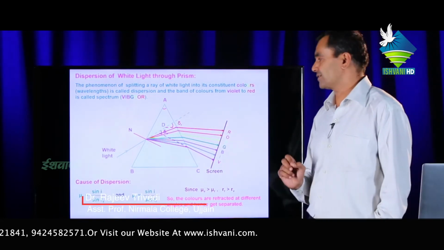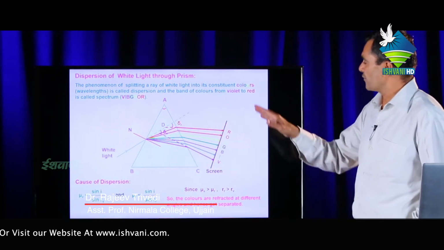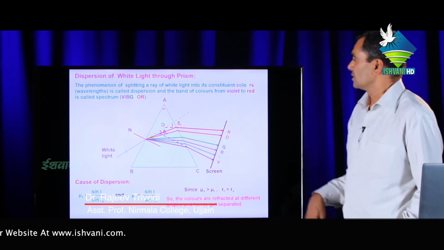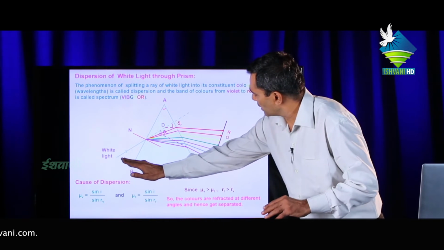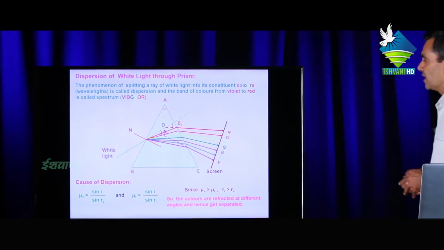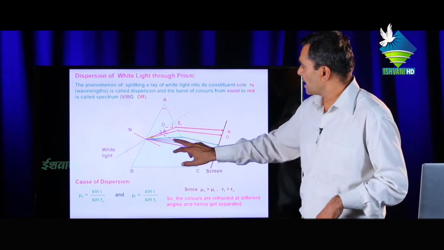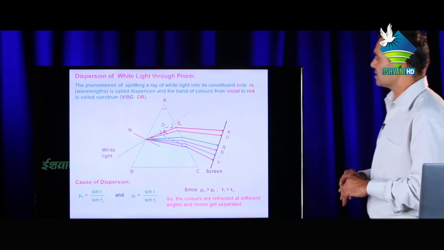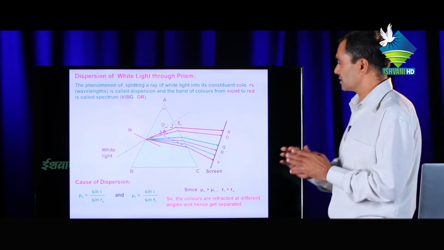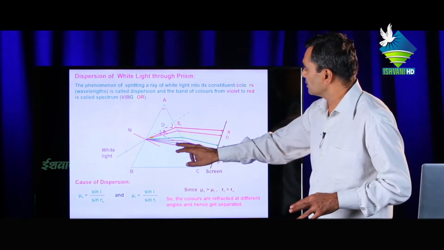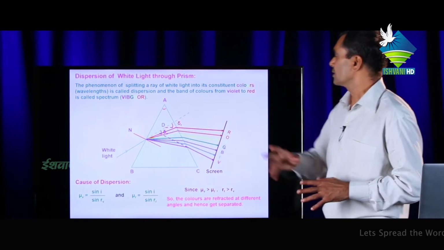If white light is incident on the surface AB and enters the prism, then white light, when entering from air medium to glass medium, is separated into 7 colors: VIBGYOR. It means the white light is split into 7 colors: first violet, second indigo, blue, green, yellow, orange and red.